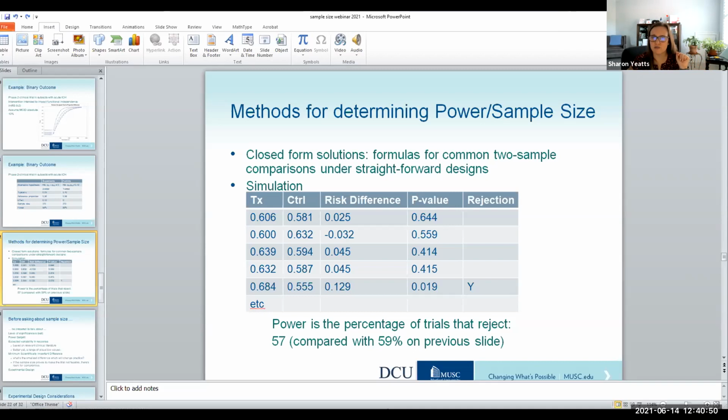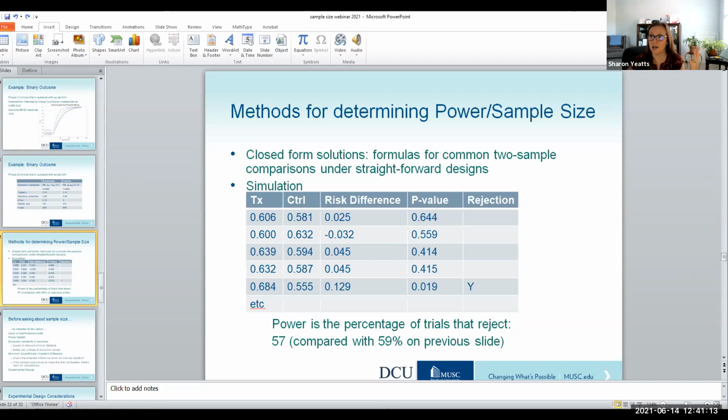In this case, the first row represents one simulated trial where, under the conditions that we've talked about, I had a control proportion observed of 0.58, a treatment proportion observed of 0.606. My risk difference here is 0.025. The p-value is 0.644.